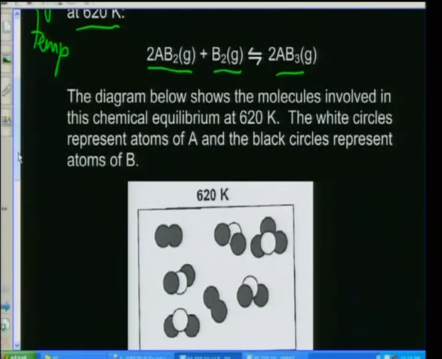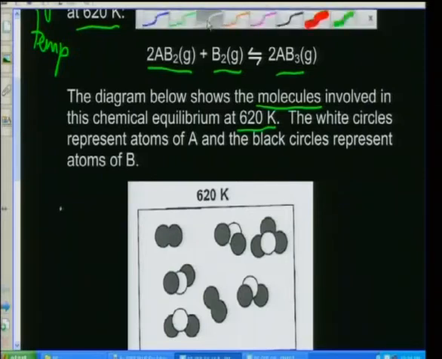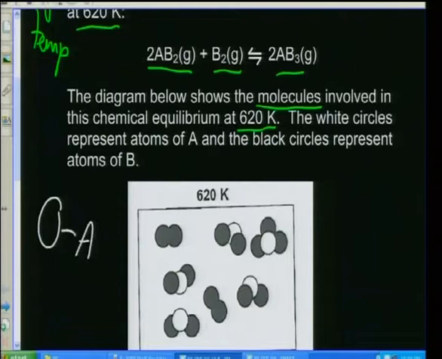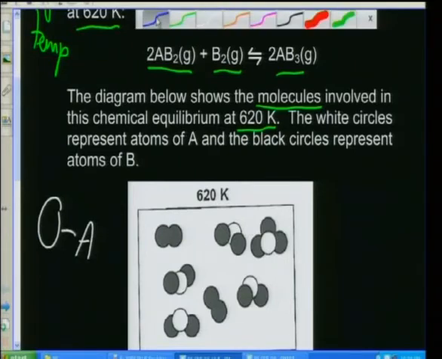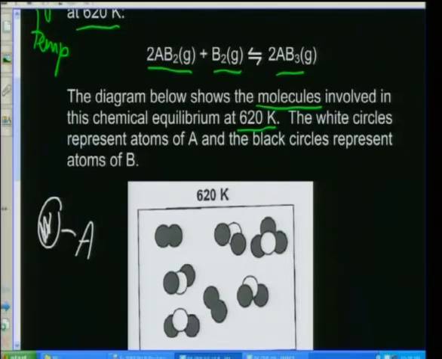It tells us the diagram below shows a sample of the molecules involved in this chemical equilibrium at 620 K. The white circles are A, and B is the black circle.